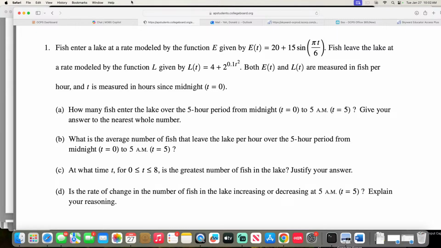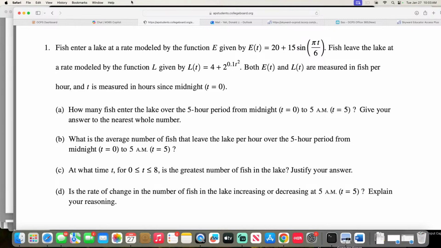I don't think they care if you round up or round down, but for a whole number I'll round up. I got 6.049, 6.059.